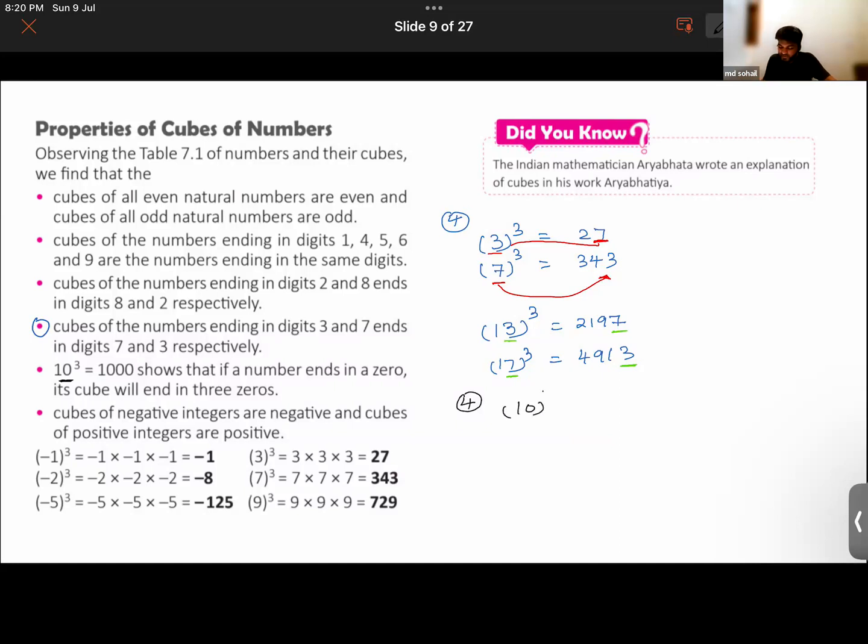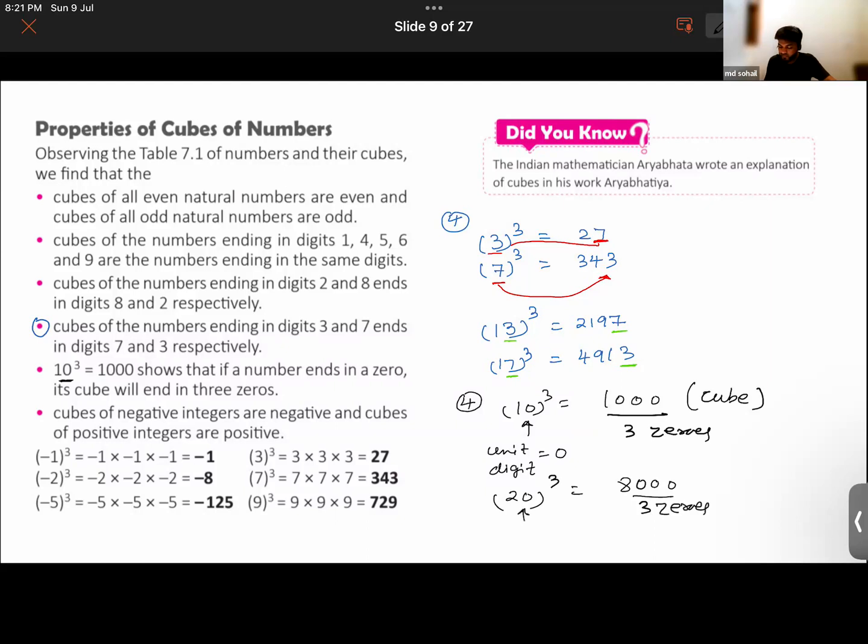Yes, sir. Same is for other numbers also. 20 cube is 8000. Here also 3 zeros are there.